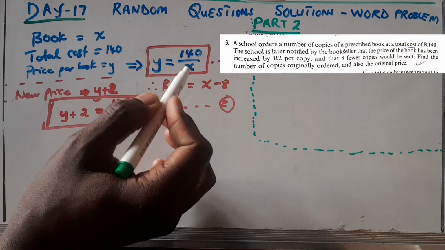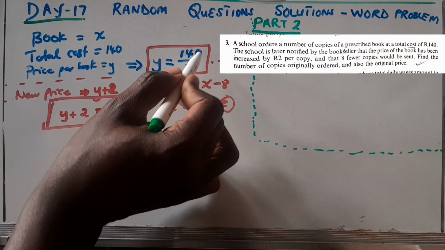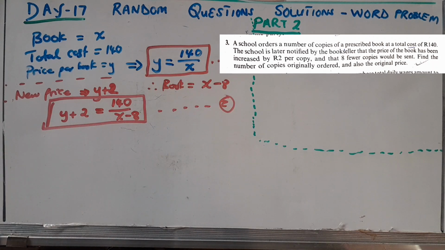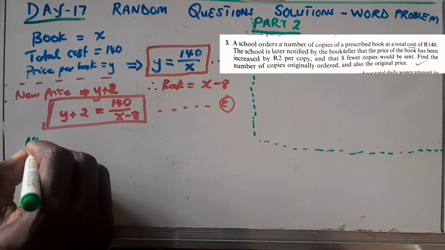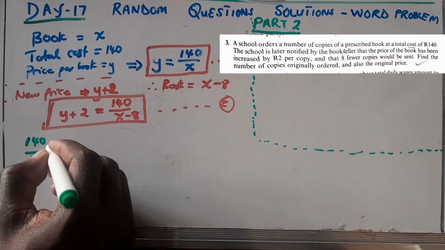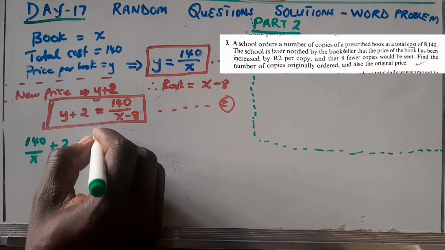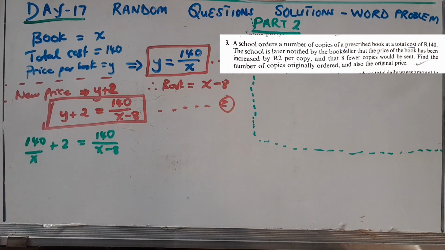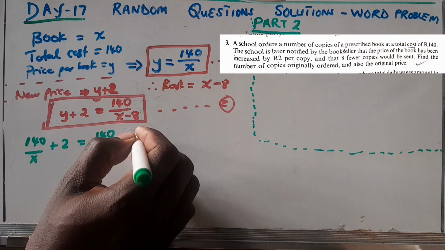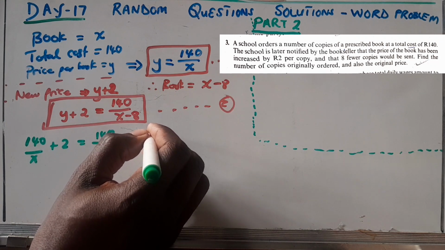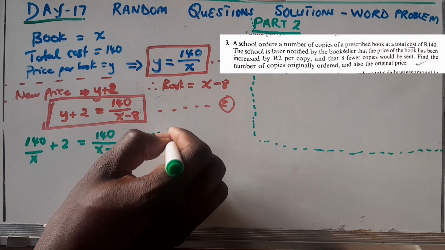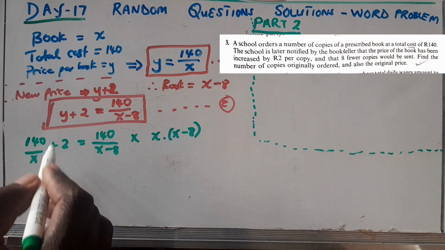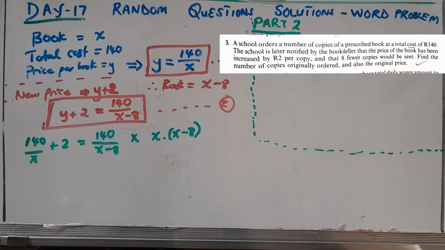So now let's just check. Already we have the value of Y, which is 140 over X. So we can just replace it here on Y. So this will be 140 over X plus 2 being the same as 140 over X minus 8. Now we have fractions here, so we can multiply by the common denominator. So we are multiplying by X minus 8. Every term, this term, this term, this term, we are multiplying by that.